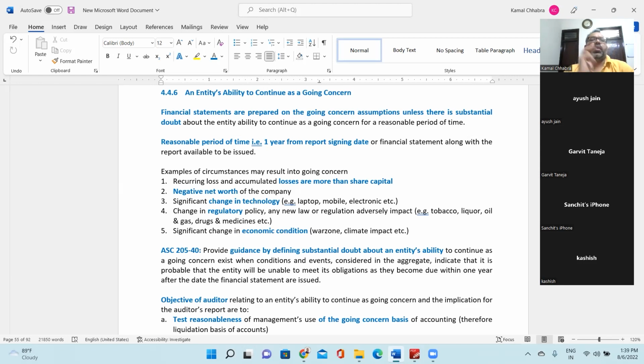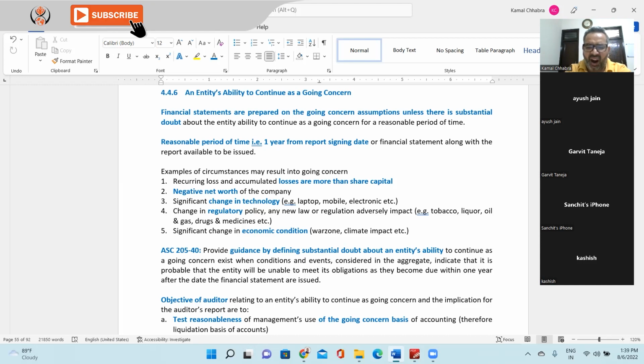Right. Now coming to the entity's ability to continue as a going concern. What is going concern and when is it an issue? Going concern is basically whether the company would be able to operate within the upcoming next 12 months, whether they have sufficient balances and sufficient funds in order to operate within the next 12 months.